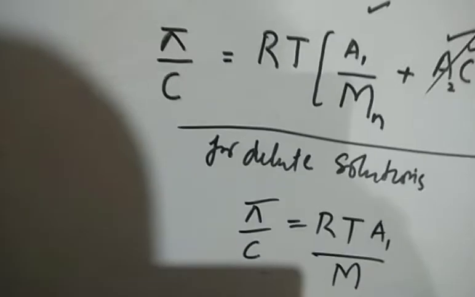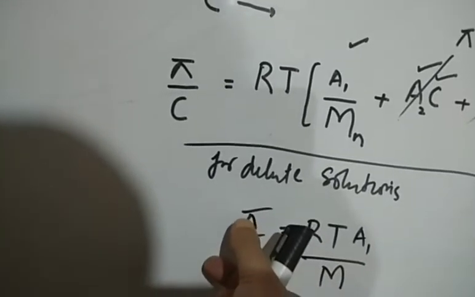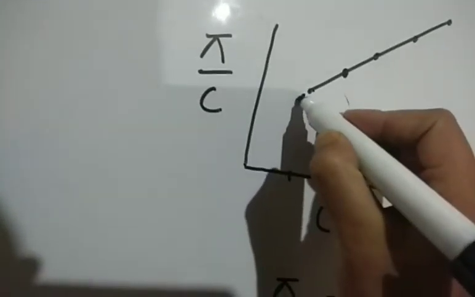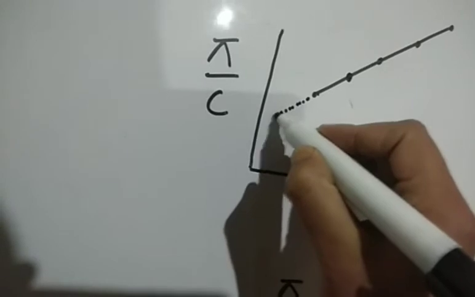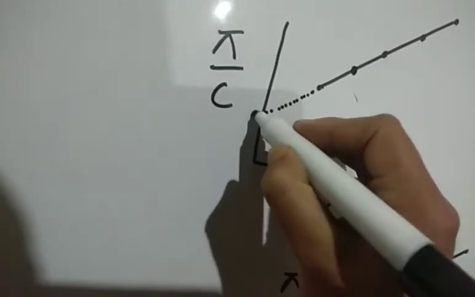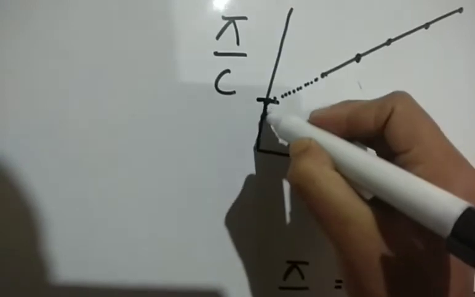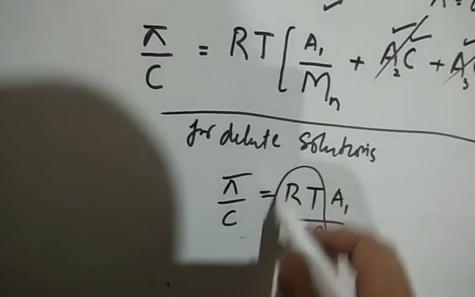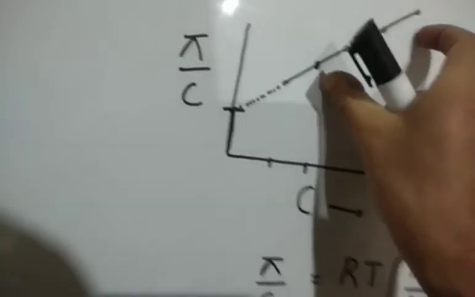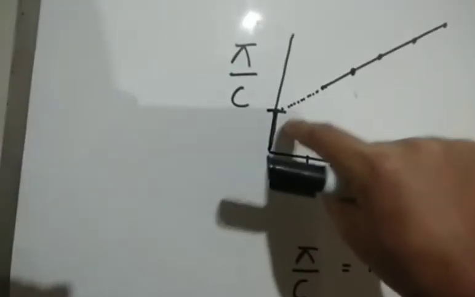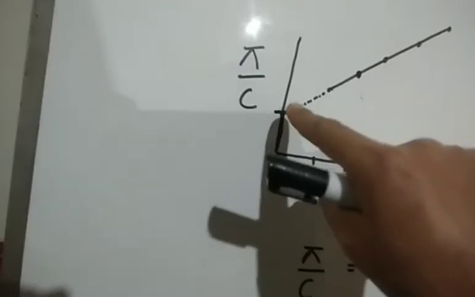So that means if you plot pi/c versus concentration, we will get a straight line, and if we extrapolate this to zero concentration, it will cut the y-axis here. This intercept is basically RT by M. So when we extrapolate the pi by C versus concentration graph to zero concentration, it will cut the y-axis at this point, and this intercept is basically the virial coefficient A1.